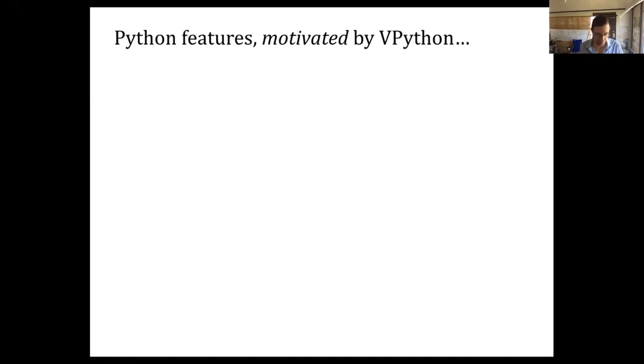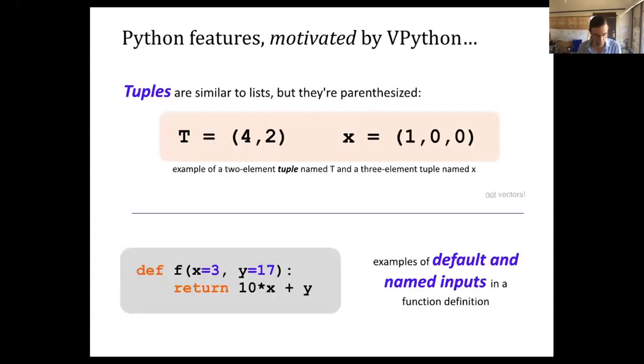Before we jump into VPython, one of the concepts that's going to be important is something we haven't learned about yet in Python, which is called a tuple. We've learned about lists. Tuples are almost identical to lists. One of the only immediate visual differences is that a tuple is surrounded by regular old round parentheses, whereas a list uses square brackets.